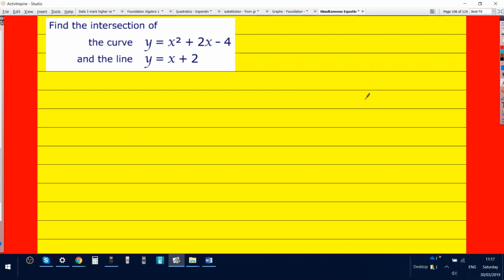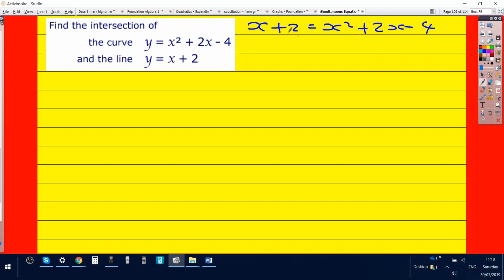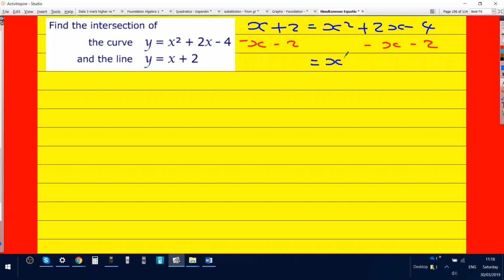The intersect. Sub y in. So x plus 2 equals x squared plus 2x minus 4. Minus x plus 2. So you get x squared plus x minus 6.